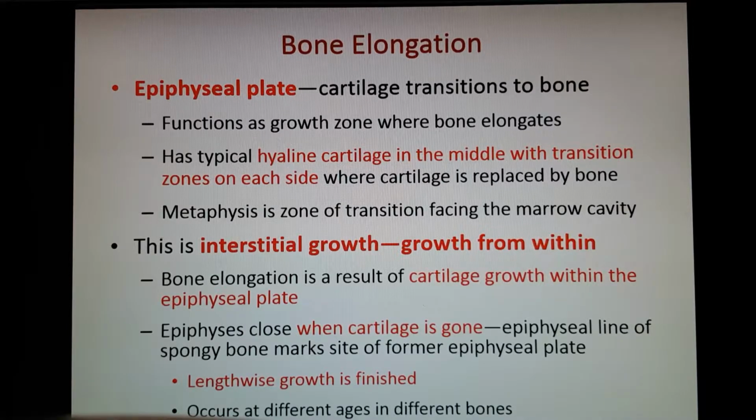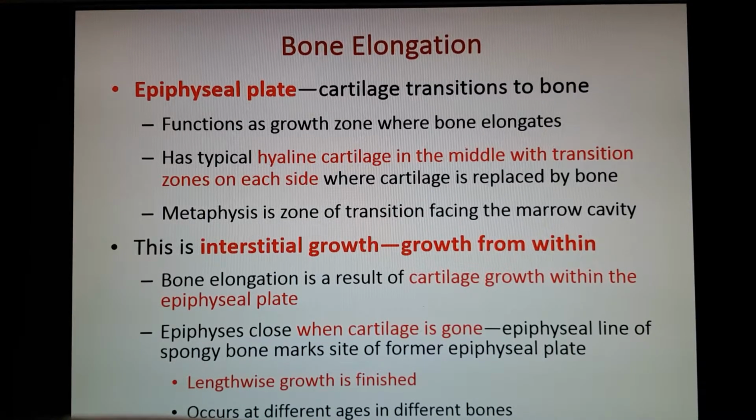This is called interstitial growth, or growth from within. So the bone elongation is due to cartilage growth within the epiphyseal plate. Once that cartilage is gone, your bones are done growing, so your lengthwise growth is finished.